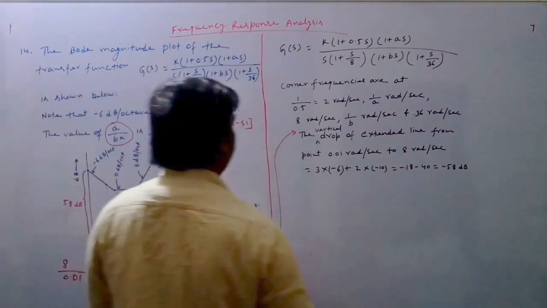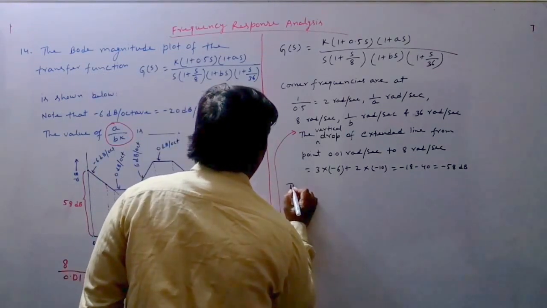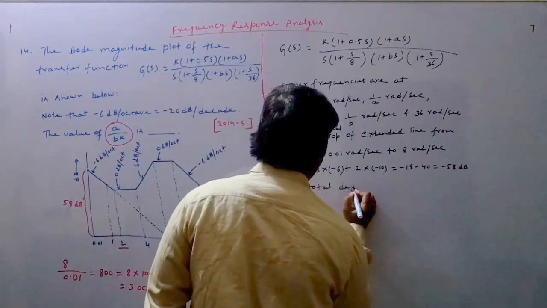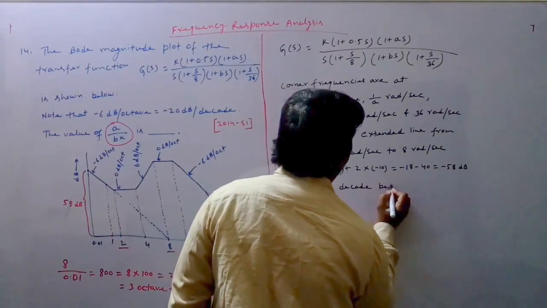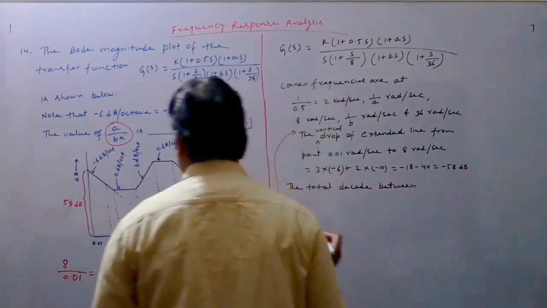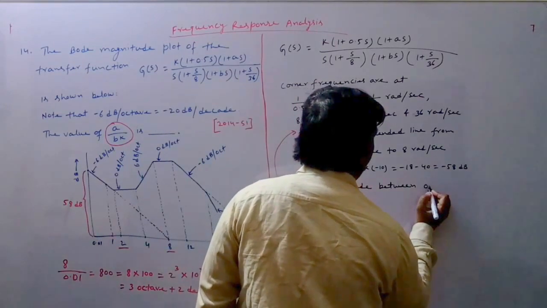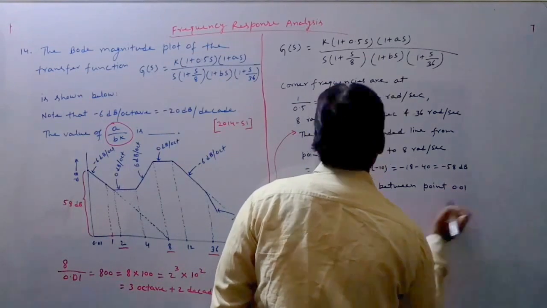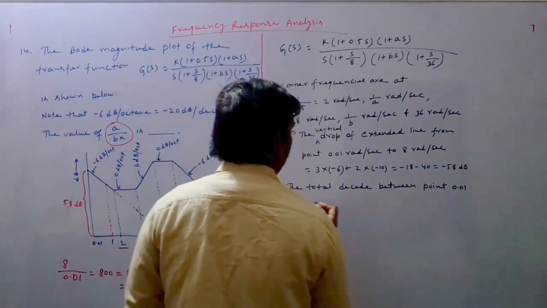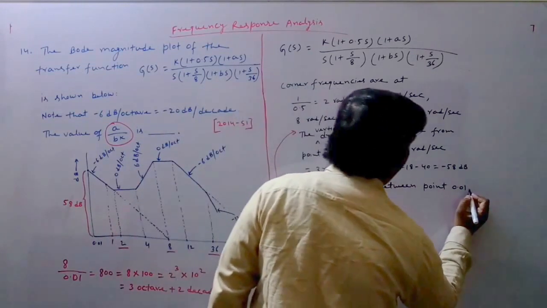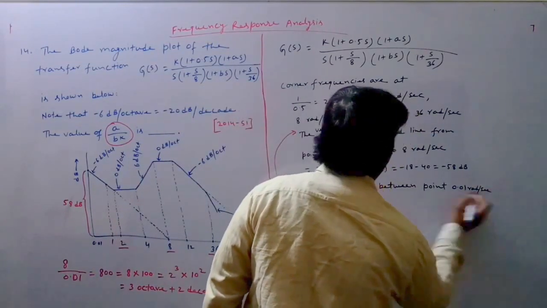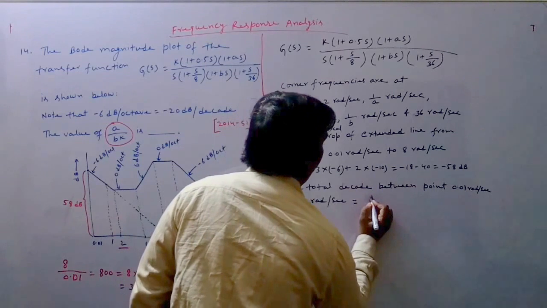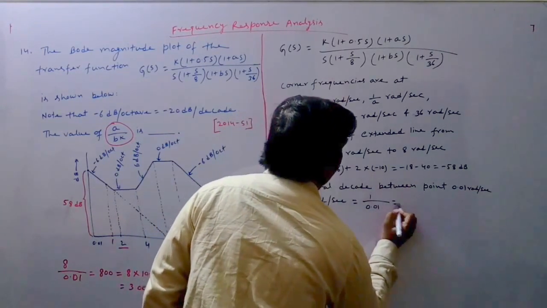Let me calculate here. The total decade between point 0.1 radian per second to 1 radian per second will be equal to 1 divided by 0.01, so it is equal to 100.